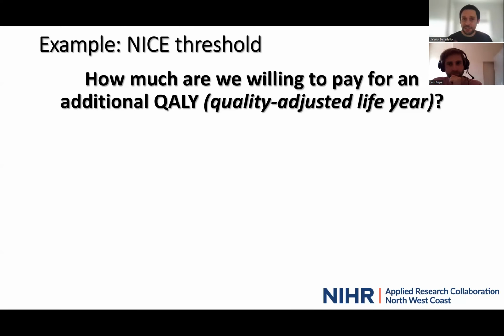NICE has got a threshold which sets how much society is willing to pay for an additional health benefit. So imagine you've got two interventions, a new intervention versus usual care. Researchers and economists will need to establish the cost of these new interventions in terms of producing an additional health benefit. Typically, the health benefit is expressed by QALY, or quality adjusted life years.